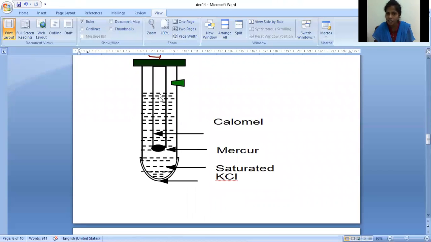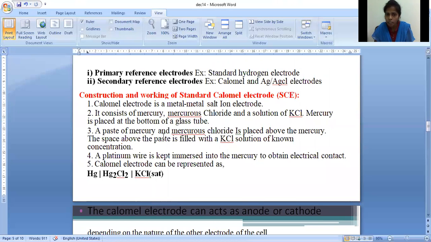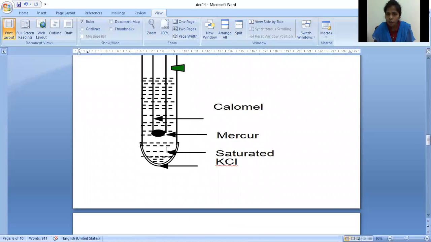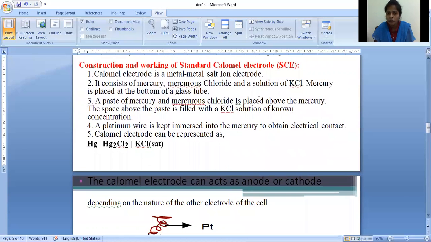So this is the construction here. Mercury is placed at the bottom of the saturated calomel electrode or the standard calomel electrode, and a paste of mercury and mercurous chloride is placed above the mercury. The bottom is coated with the mercury, and above this mercury, the mercurous chloride paste is coated. And the space above the paste is filled with a potassium chloride solution of known concentration.